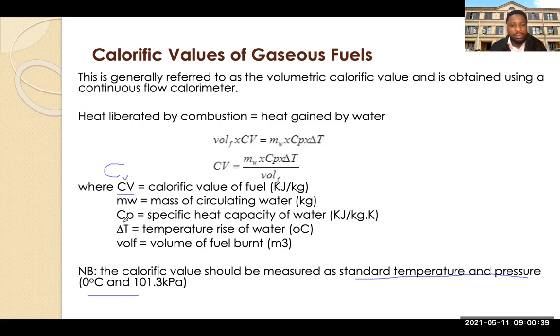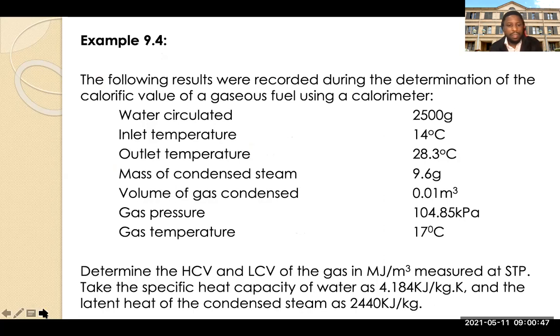And then CP, we've mentioned that already. So we'll be seeing that more clearly as we move on. All right, same story as I mentioned. You'll be given water circulated and the rest, and we'll be looking at these different values in the calculation. I've mentioned what the water circulated is.